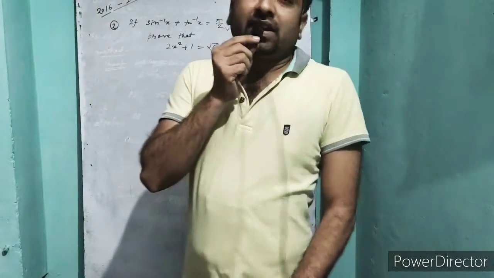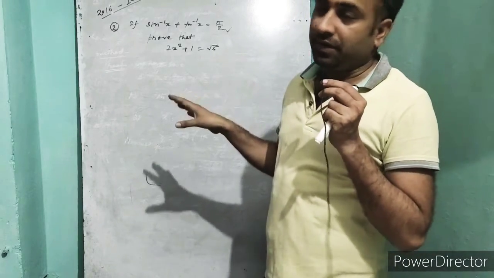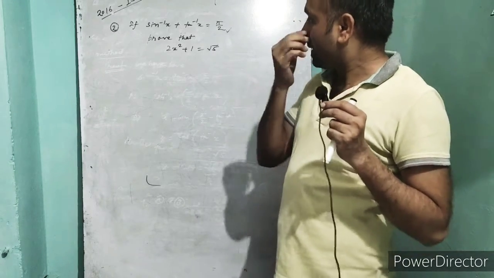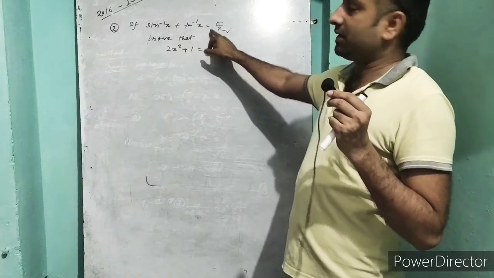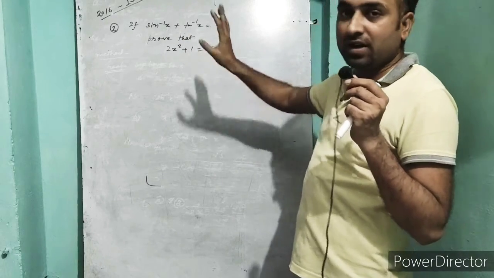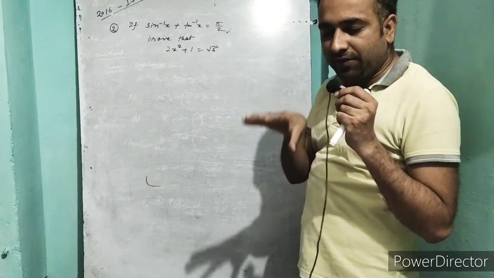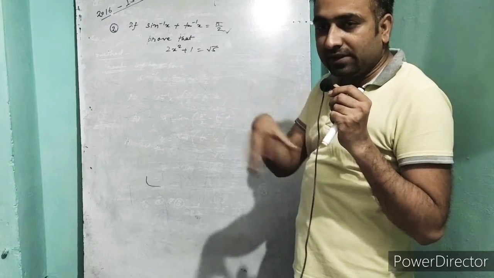See here students, it's a 4 marks question of the ISC 2016 question paper I have taken here. The question is, if sine inverse x plus tan inverse x is equal to pi by 2, then we have to prove that 2x square plus 1 is equal to root 5. Every time you will start your proof from whatever is given.